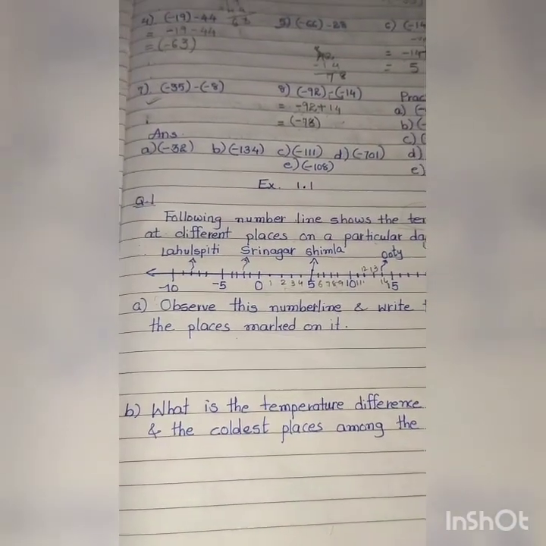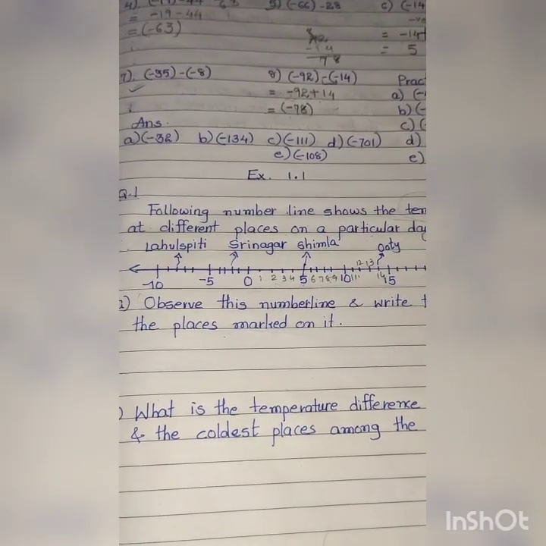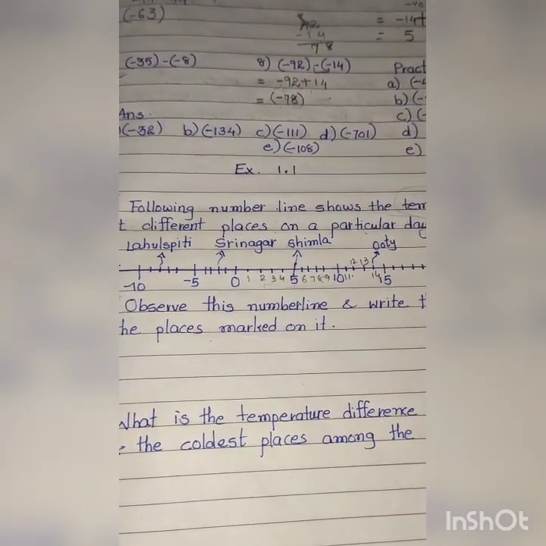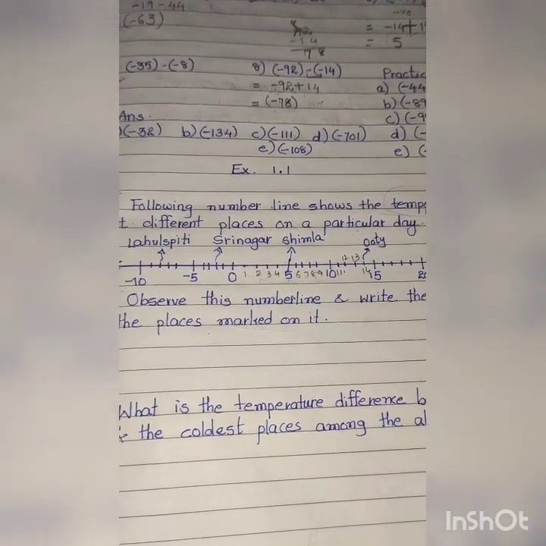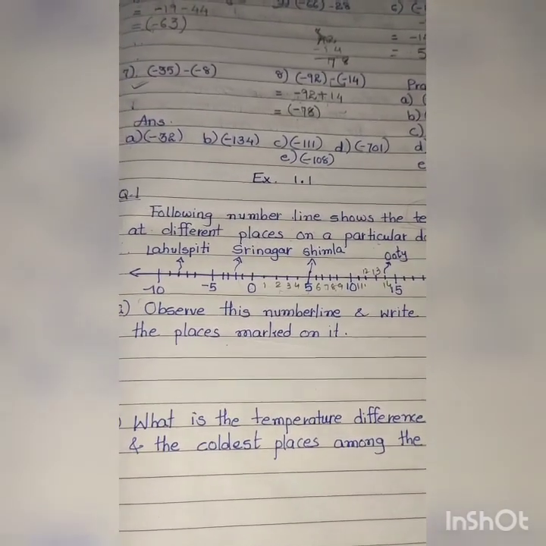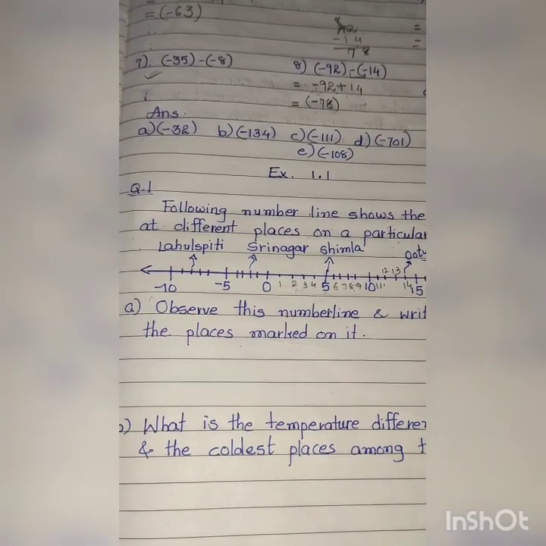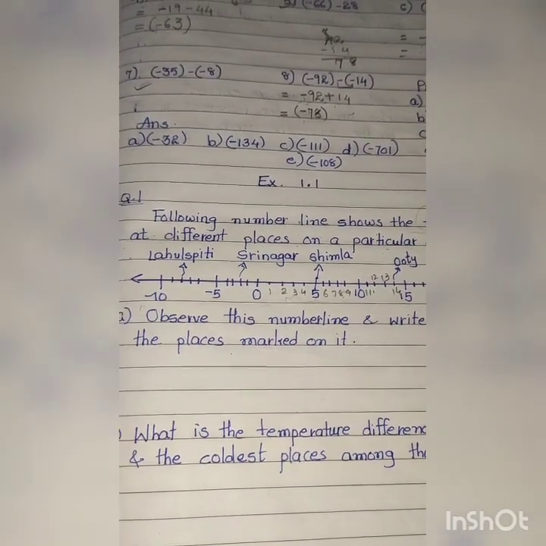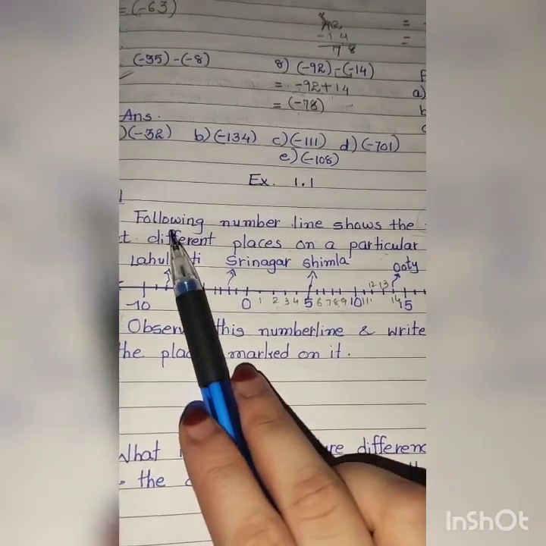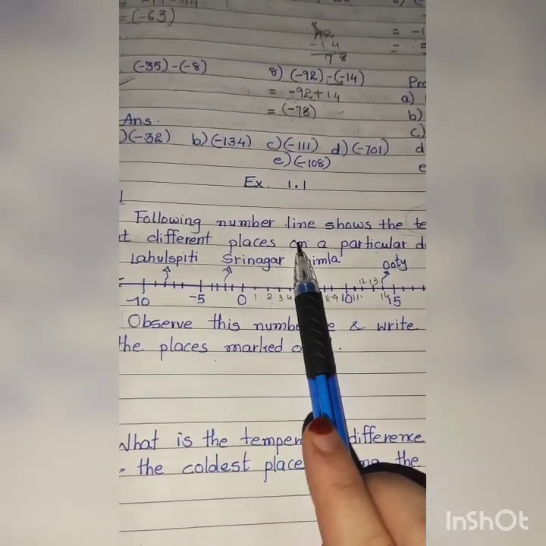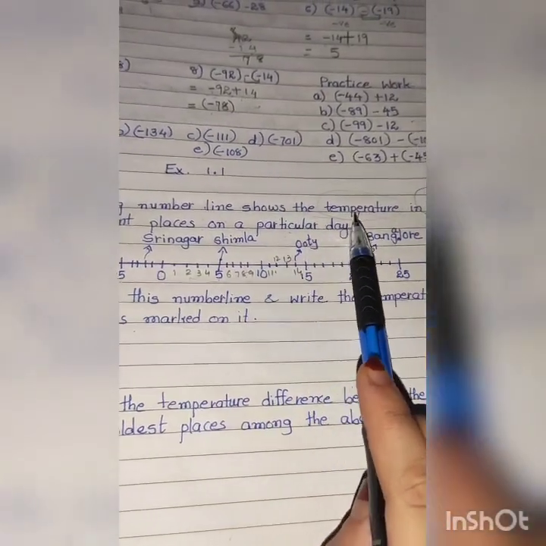Now in math, always read the question properly and understand the question properly. From the question itself, you will get some hint to solve the answer. So always try to understand the question. Here is the question. The following number line shows the temperature.